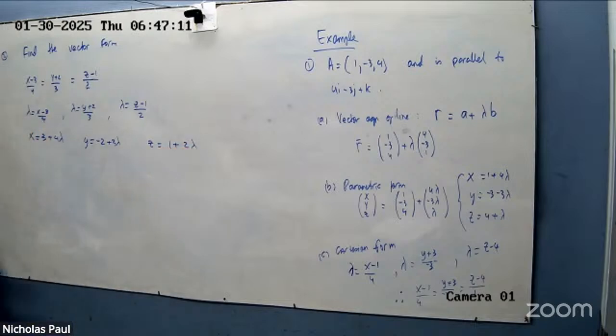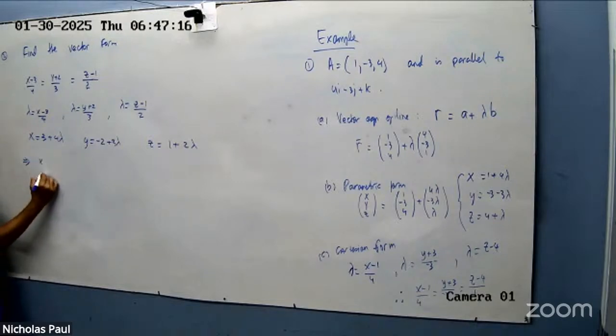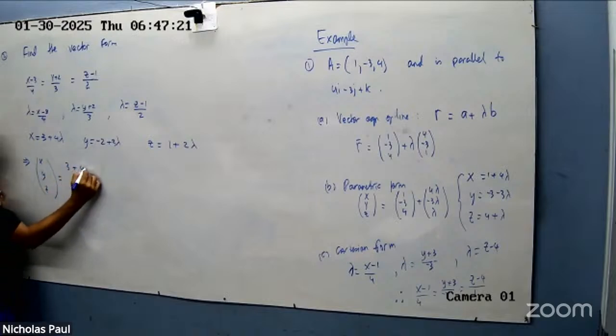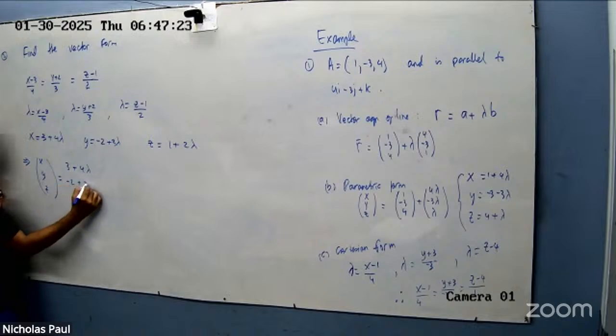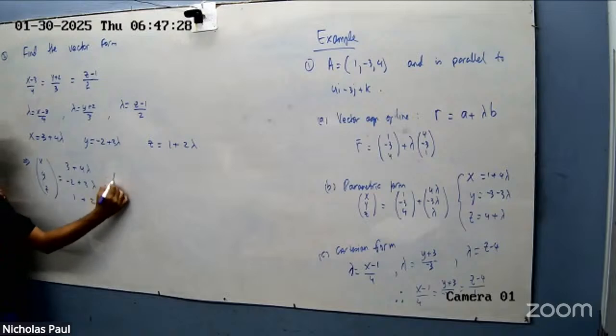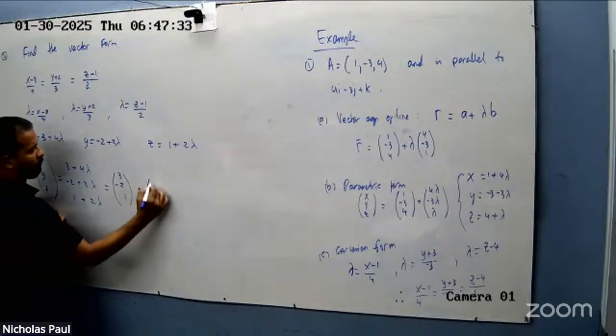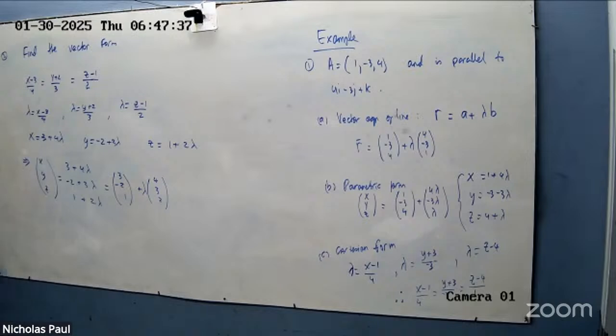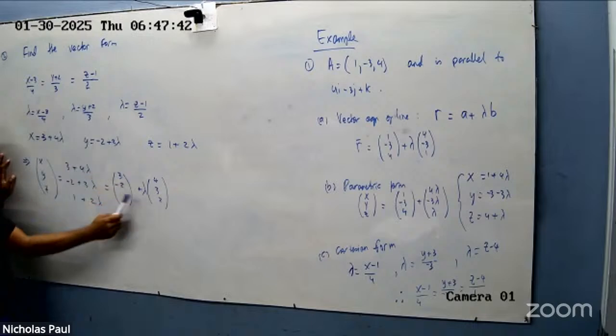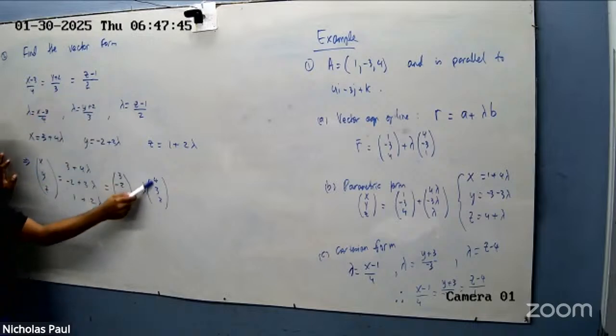Right? Anybody get that? So you'd recognize that 4, 3, 2 is always the direction vector.